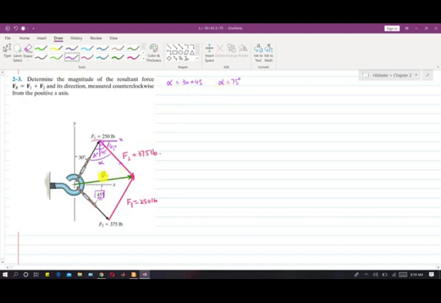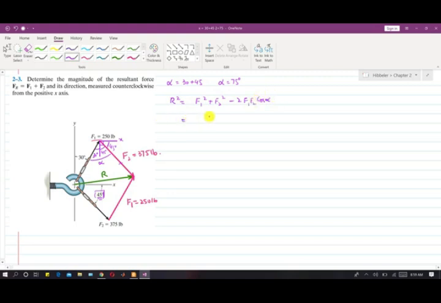Now we are asked to find the resultant magnitude, so we can apply the cosine law. We know F1, F2 and the included angle between them. If I apply the cosine law, then R squared will be equal to F1 squared plus F2 squared minus 2 F1 F2 cos alpha.